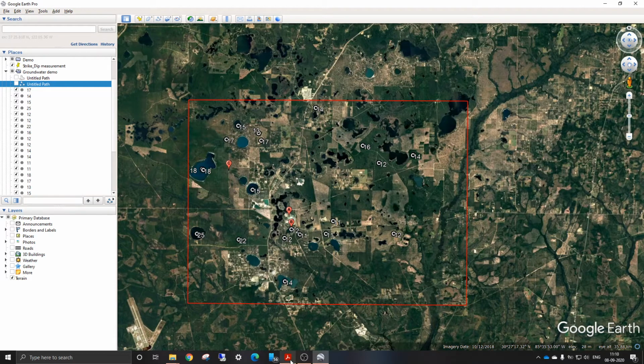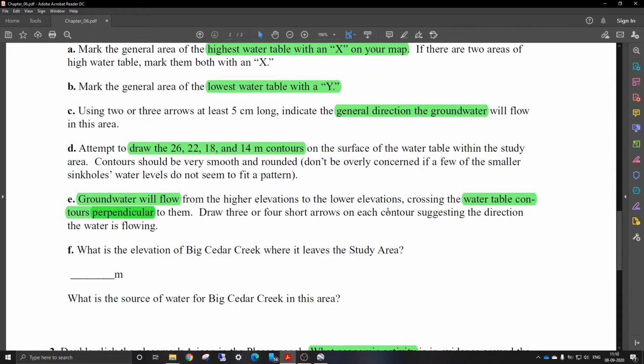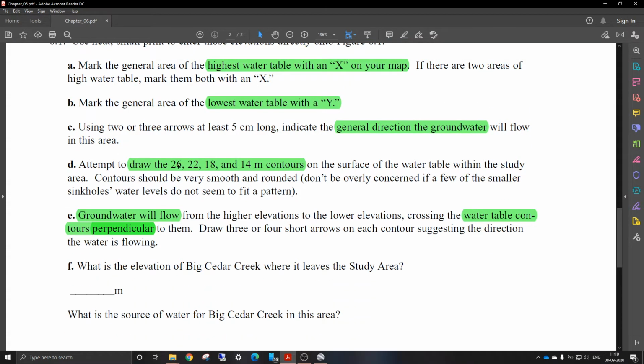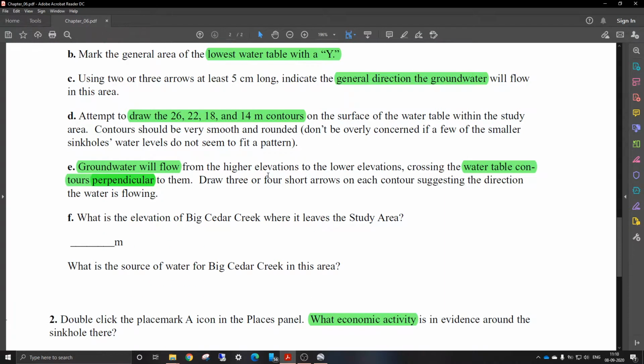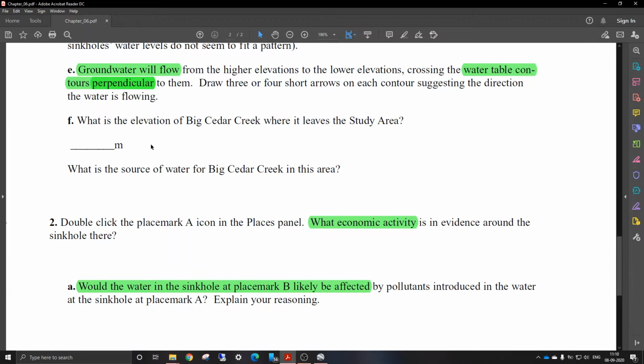Then you can assess the groundwater gradient and from which direction it is flowing. As you can see in 1D, you have to draw contour lines of 26, 22, 18, and 14 meter contours. Then after drawing these contour lines, you can easily say in which direction the groundwater is flowing.